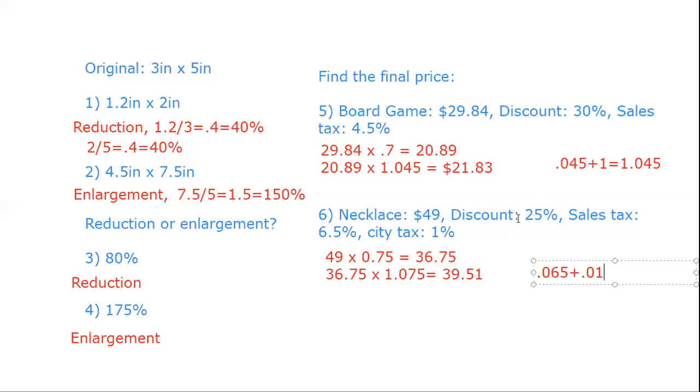We took a whole and subtracted the 25% from it. That way you get the sales price. And 0.065 is the sales tax. Now we have that 0.075, we add the 1, and that's how we got this.